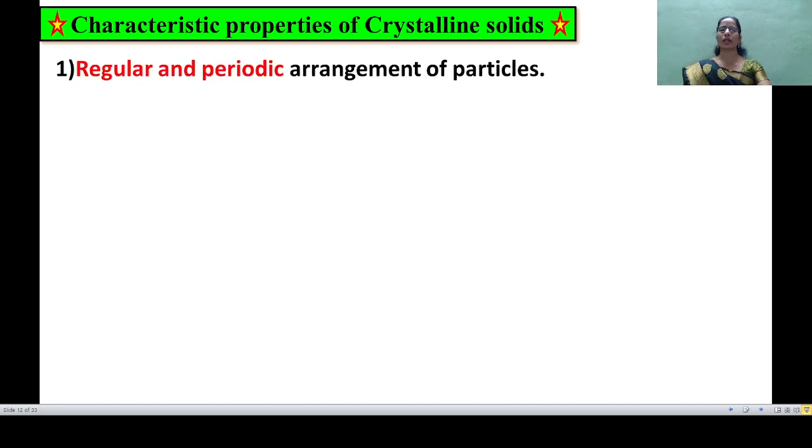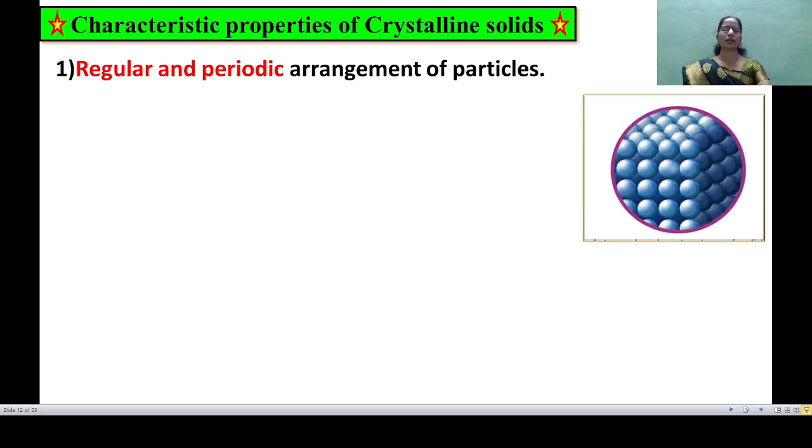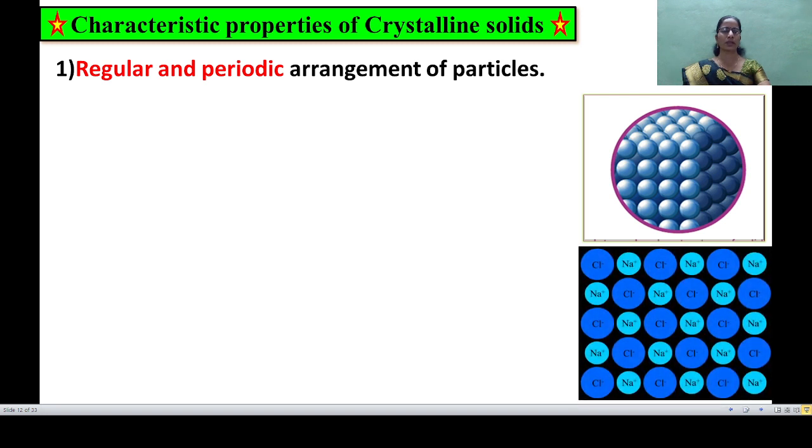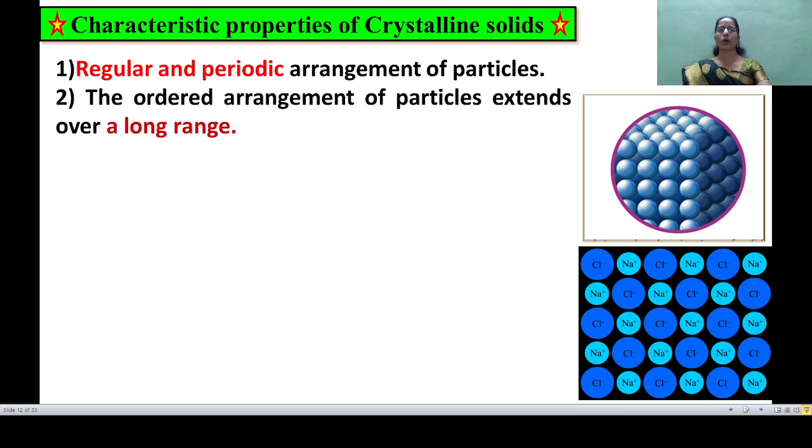In crystalline solids, there is a regular and periodic arrangement of particles. Here, this picture again shows you the regular and periodic arrangement of either atoms or molecules. And this picture gives you the arrangement of particles, that is ions, in ionic solids. This ordered arrangement of particles extends over a long range.